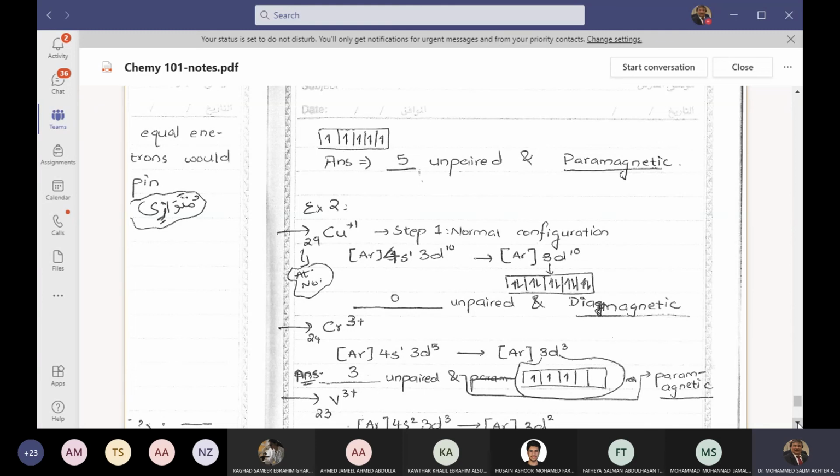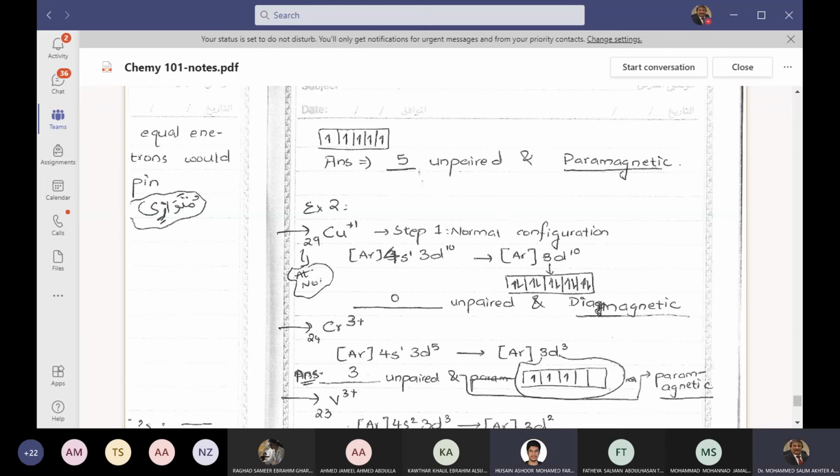3 plus means I will take 3 electrons, 2 electrons from s and 1 electron from 3d7. So I will have 3d6. I have 5 boxes. So 5 straight and the first one will be paired. So how many unpaired? 4. 4 unpaired. Para or dia?